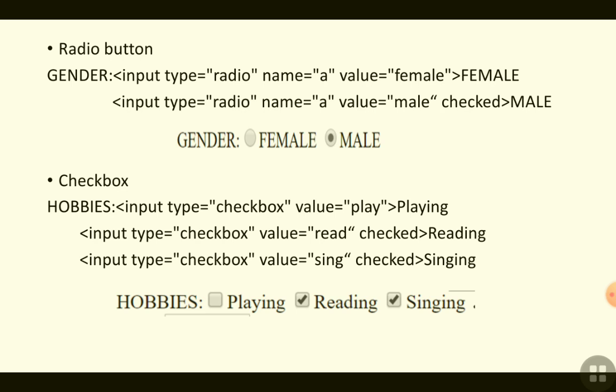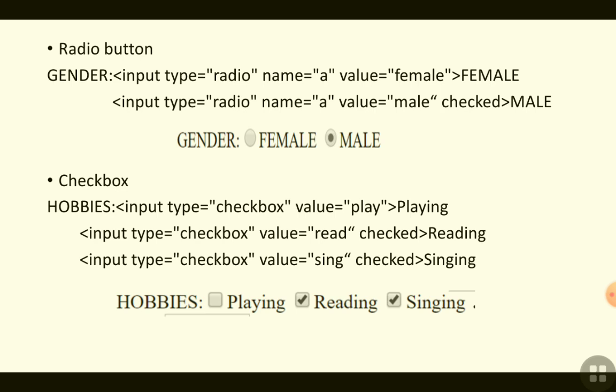Now here in gender, the options given are female and male, and male is pre-selected. For that we have the checked attribute. You can see in front of value equal to male I have written checked. So when you use the checked attribute, the option will be pre-selected.